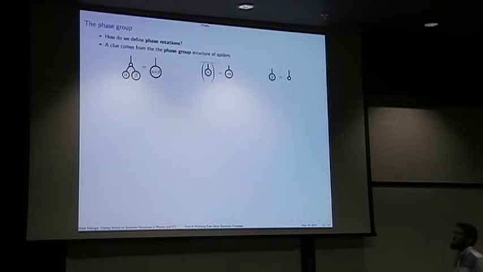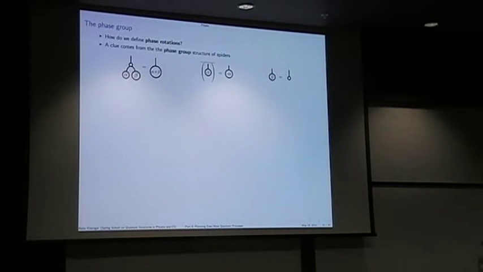So that's how you define phase states, but we also want to define phase maps, so rotations of the Bloch sphere. And how we do this, well, a clue comes from this group structure, which any of these spiders will define. So you saw from Chris's talk that you can think of the part of this Frobenius algebra, the part of this spider with 2 legs in and 1 leg out as a sort of multiplication.